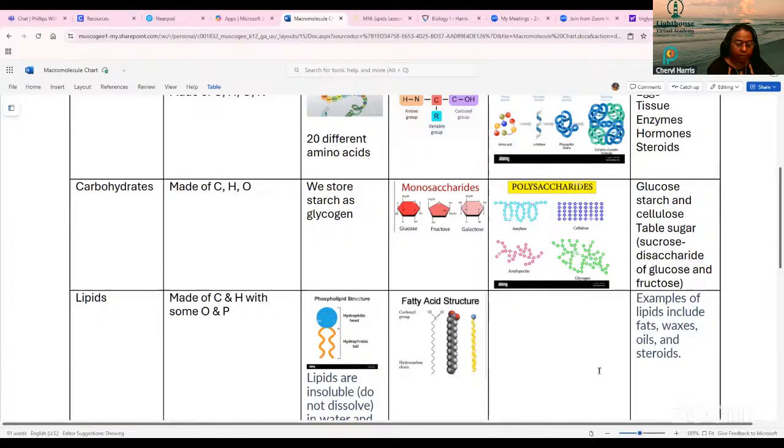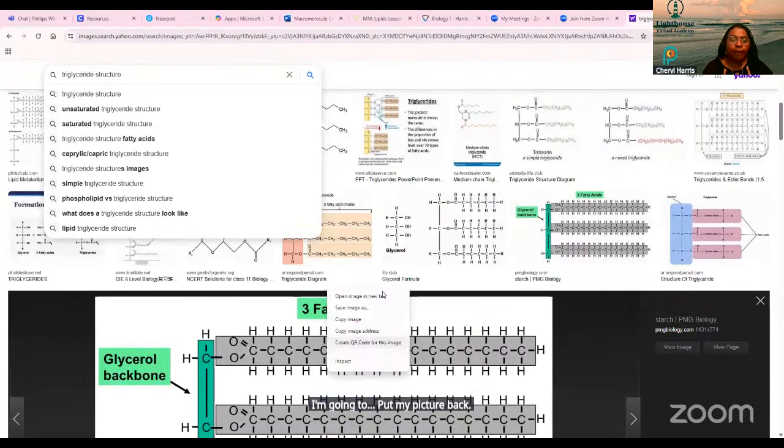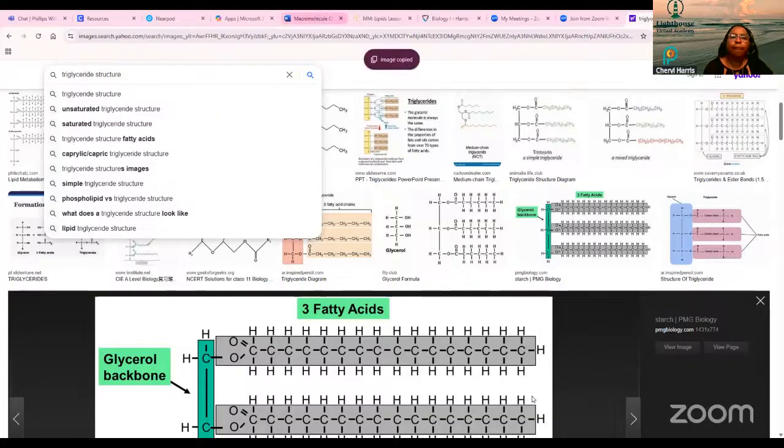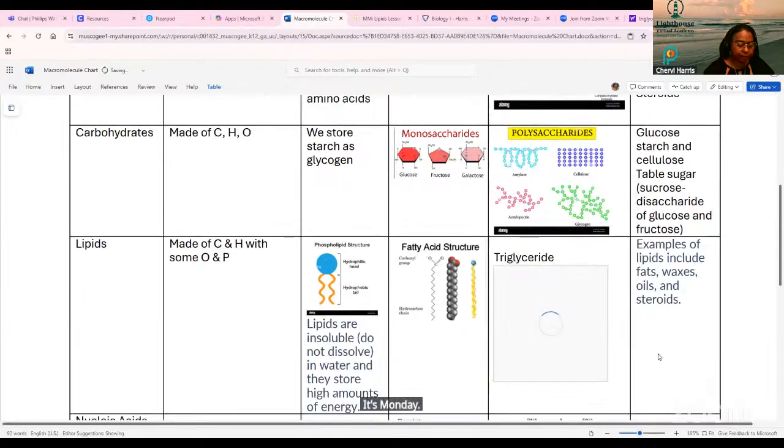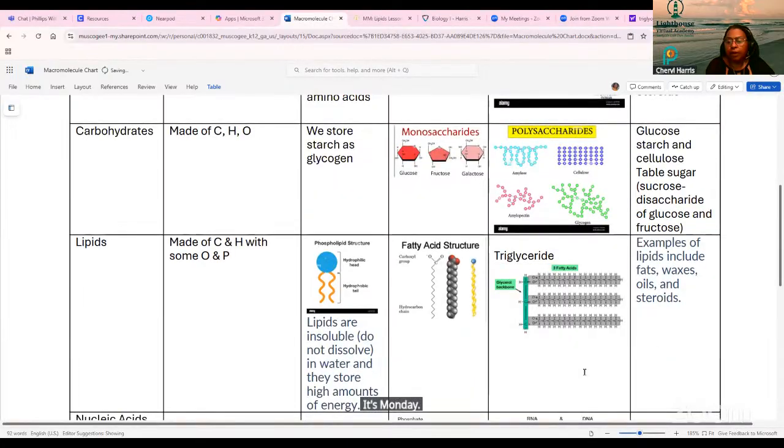My picture disappeared. All right, that's a triglyceride. I'm going to put my picture back. It's Monday. All right, picture's back.